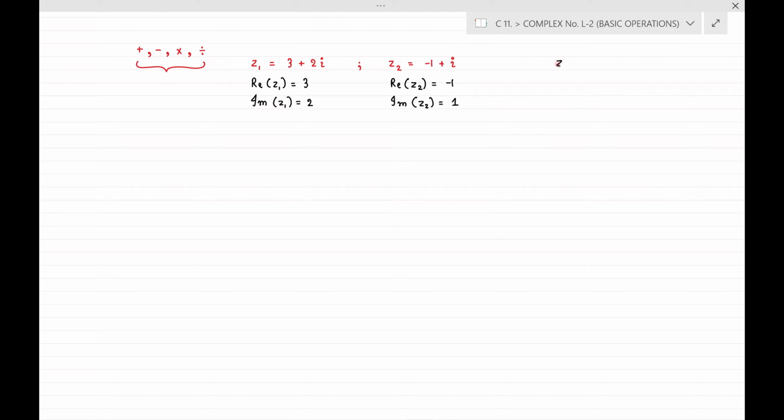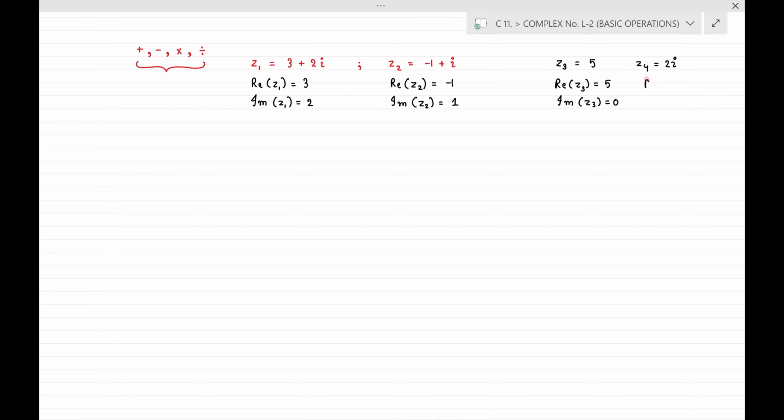Now suppose complex number z3 is written as 5 and z4 is written as 2 iota. So what does this mean? In case of z3, the real part of this complex number z3 is 5, whereas the imaginary part of z3 is 0. There is no iota available in z3.